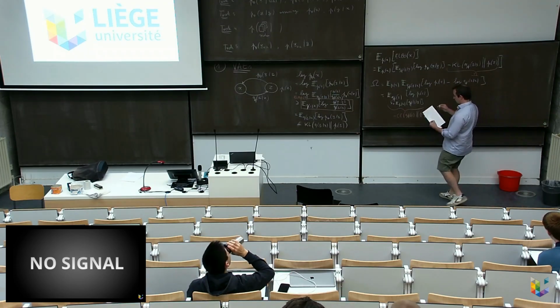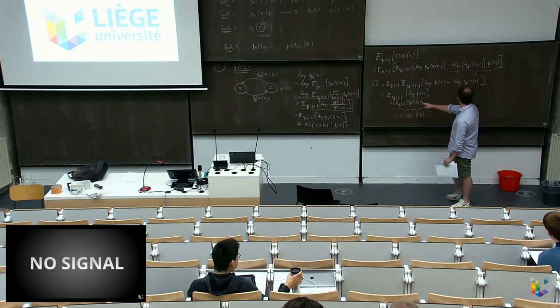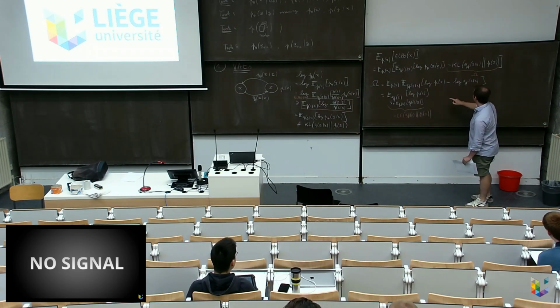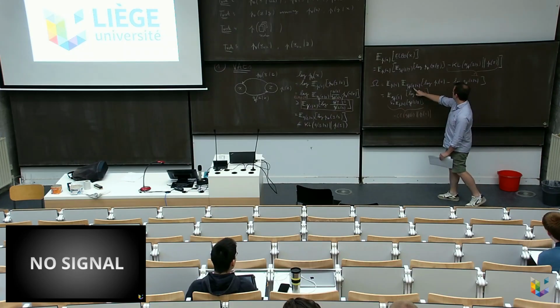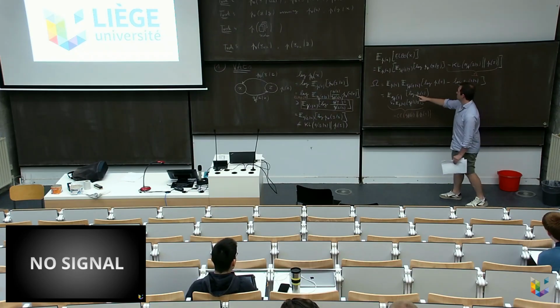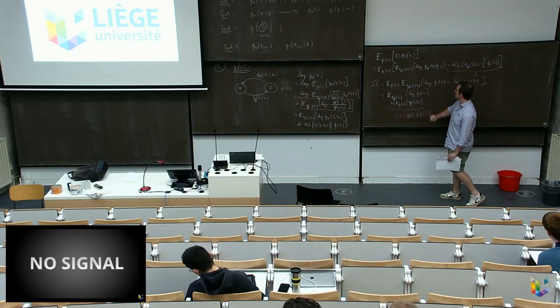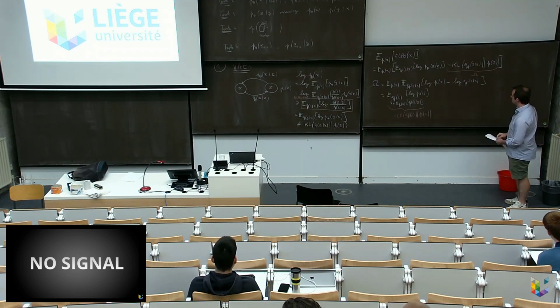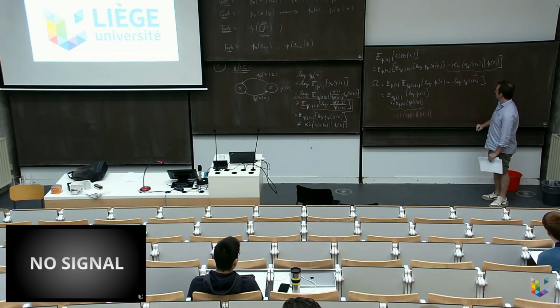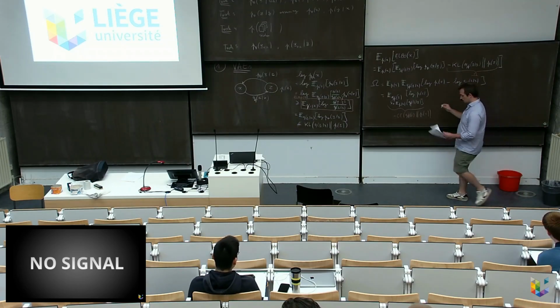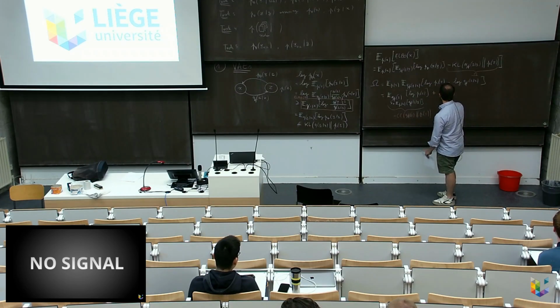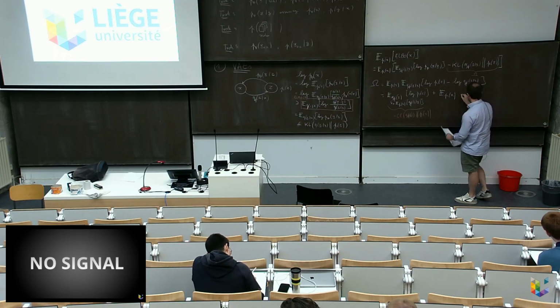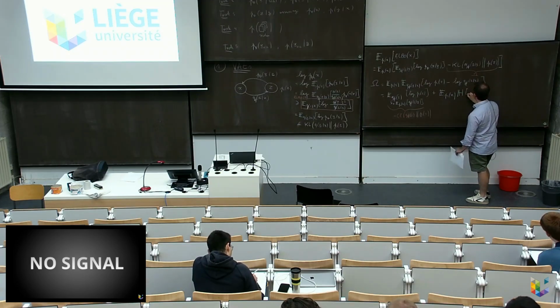And then we have the expectation over px of the expectation over qz given x of minus log of that same density. So this is the entropy of the posteriors in expectation, of q.